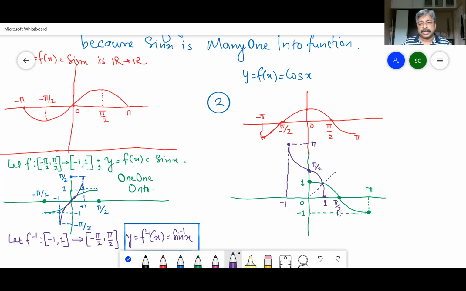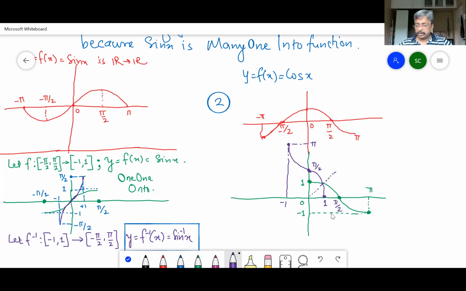So have you understood this graph? These graphs are to be there with you forever. You cannot afford to forget these graphs. They are going to help you to solve problems and understand inverses of trigonometric ratios very, very clearly. This is cos.